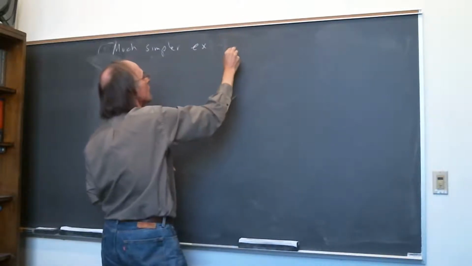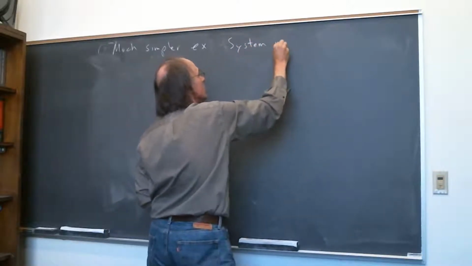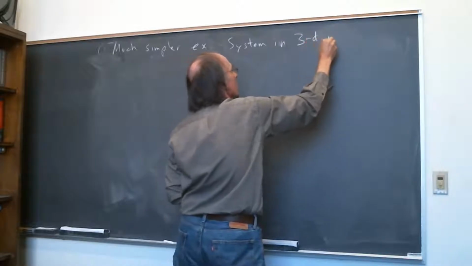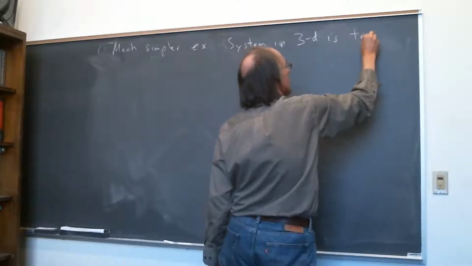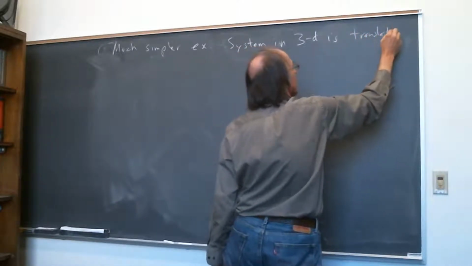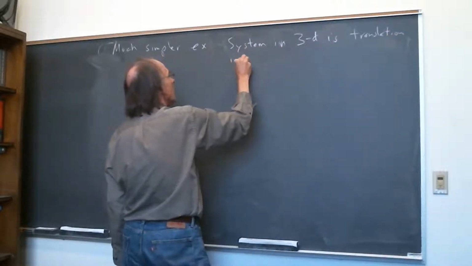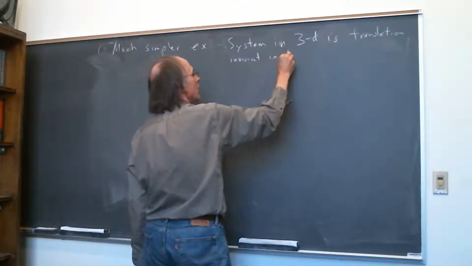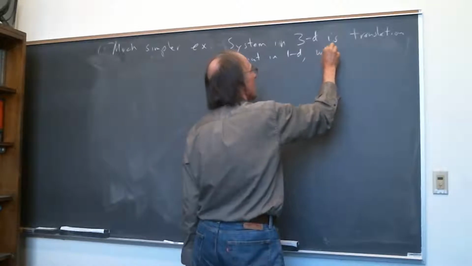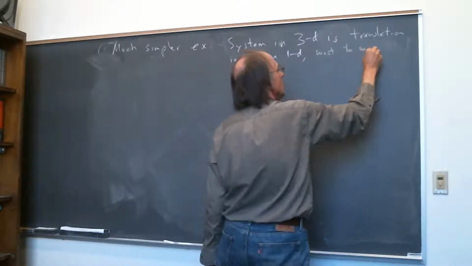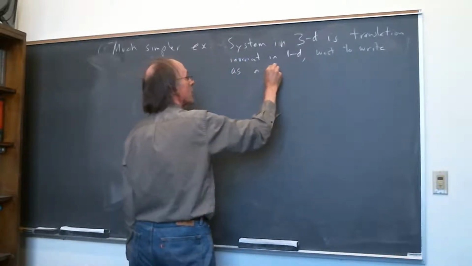You have a system in 3D that is translation invariant in one direction, and what you want to do is write it as a 2D system.